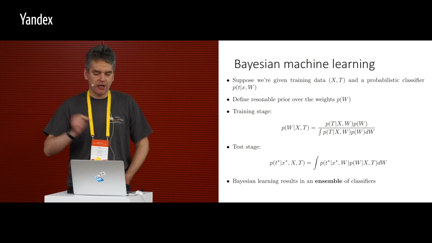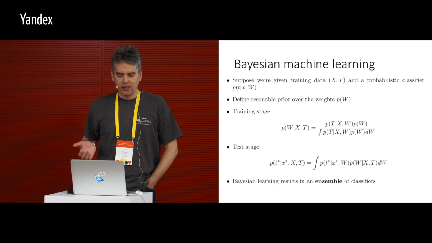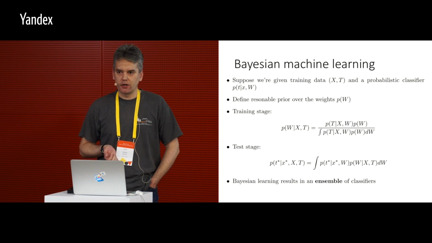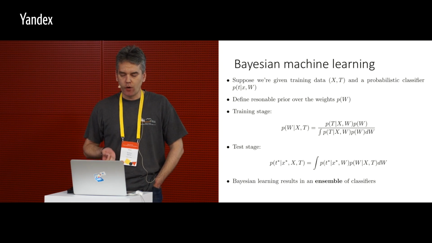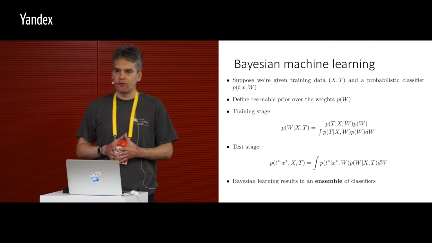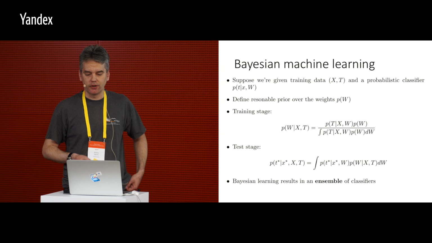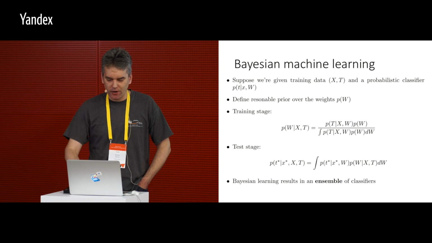And training and test stages differ a bit from how we solve machine learning in classical way. So during training stage, instead of searching for the single classifier, we are searching for the ensemble of classifiers, and the ensemble is given by posterior distribution p(w | x, t). So this is simply the application of Bayes theorem.